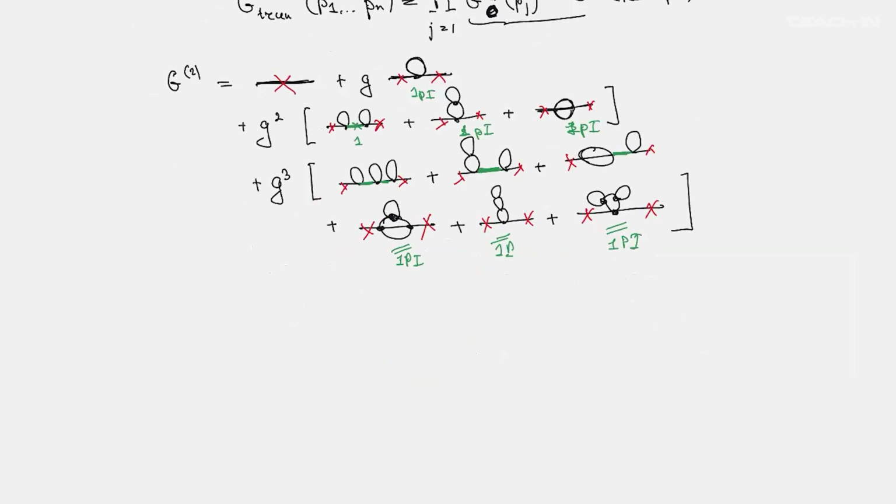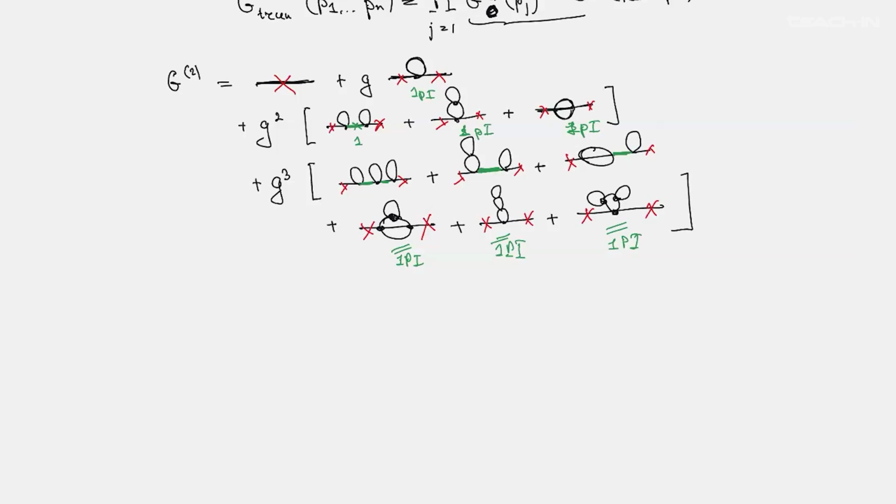The idea is that if you are able to sum up all these one-particle irreducible graphs, then in fact you can build up through them all connected graphs. Again, we are identifying a more fundamental class of Feynman diagrams whose knowledge would allow us to reconstruct any diagram in the theory.